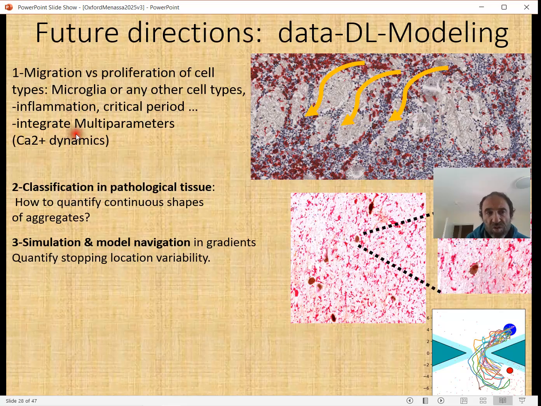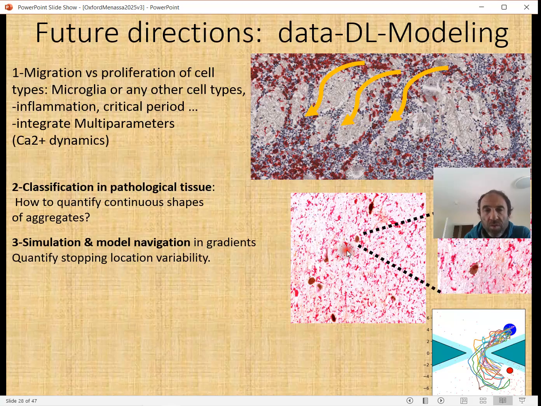And it's possible also to integrate multi-parameters, such as the calcium dynamics, which give us, for example, if you're looking at a cell, such as the microglia around glial cells, how the local activity can be correlated to the spatial organization. And finally, the classification of pathological tissue could allow us to better understand how these microglia are organized with respect to aggregates.